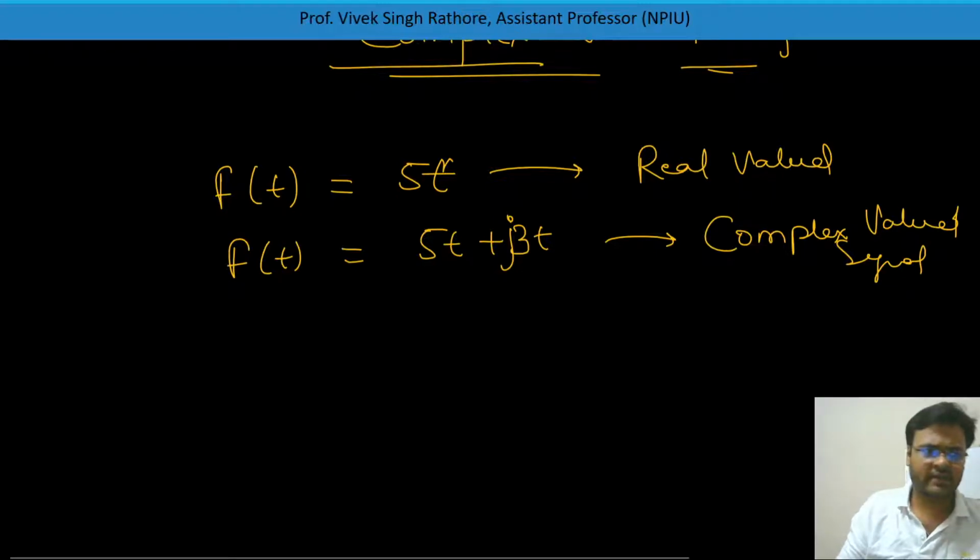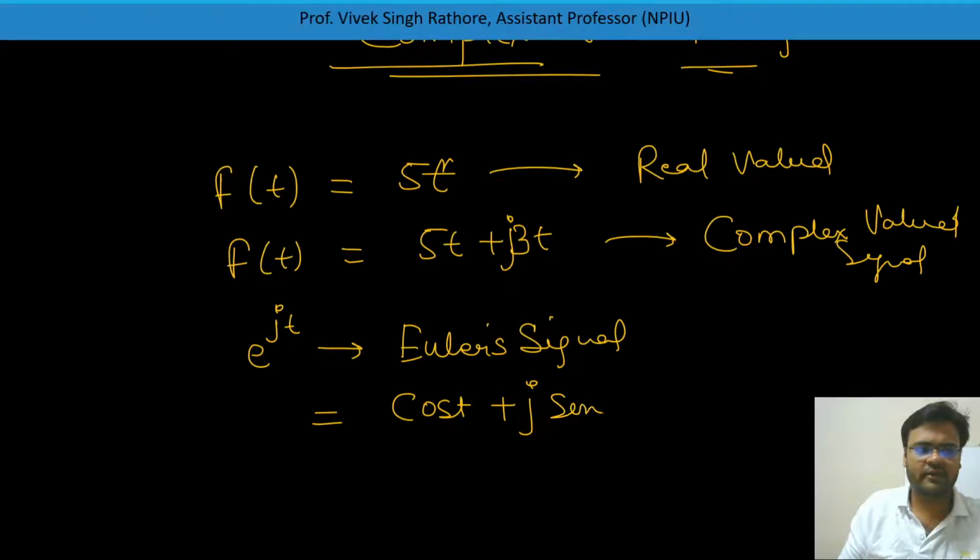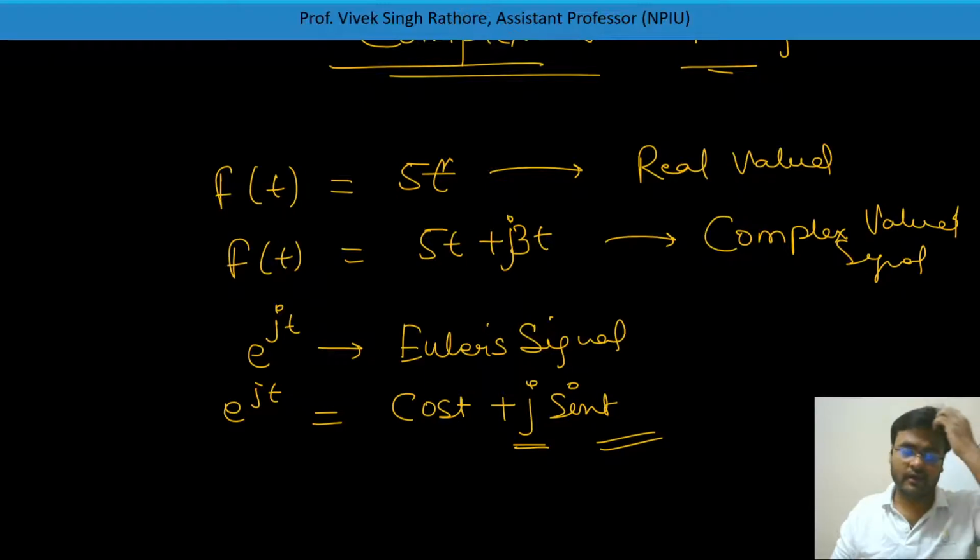The best example of a complex valued signal is e to the power jt, which is called Euler's signal. You can write it in trigonometric form also: cos t plus j sin t. This has an imaginary part, so it is a complex valued signal.